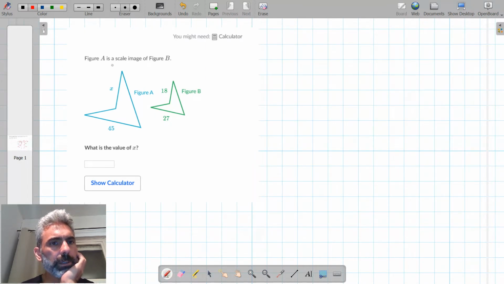Figure A is a scale of figure B. What is the value of X?